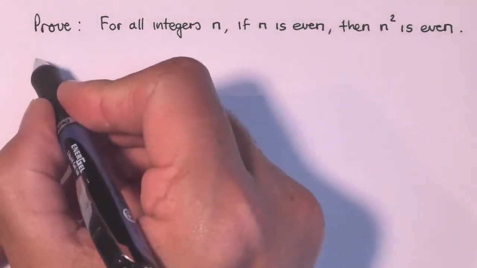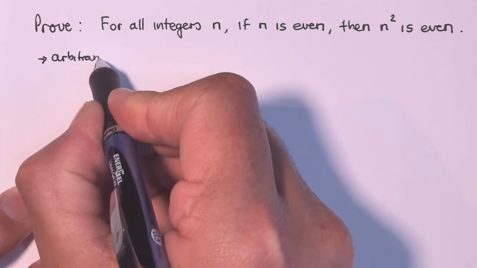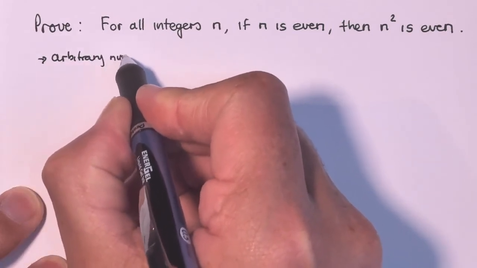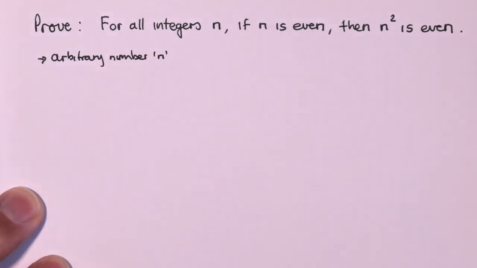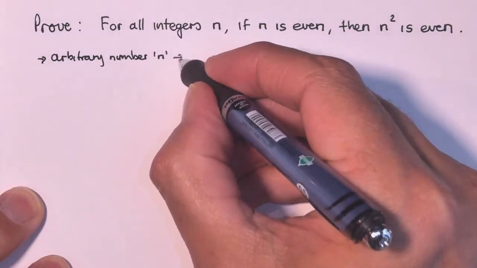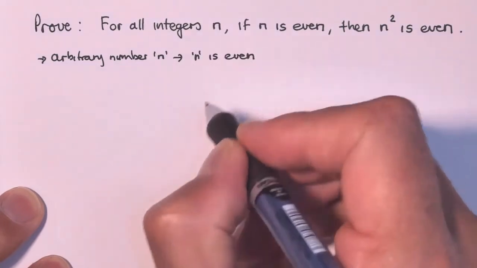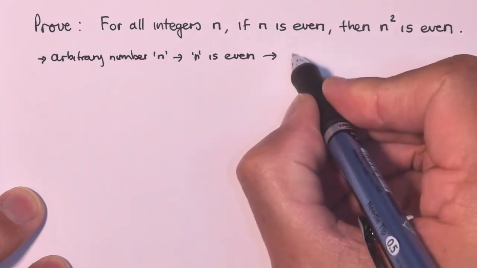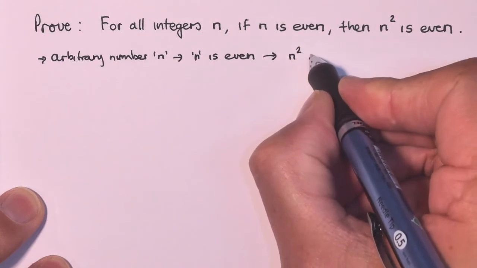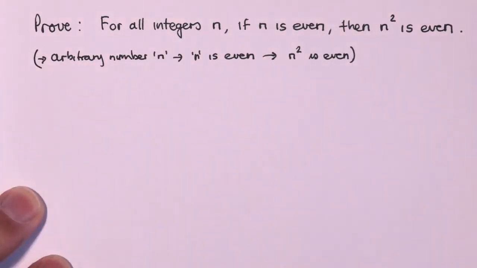We're going to have, first of all, an arbitrary number n that we will introduce. We're going to assume n is even, and therefore from that we're going to follow on to n squared is even. So that's the structure of the proof that we're going to be working with.